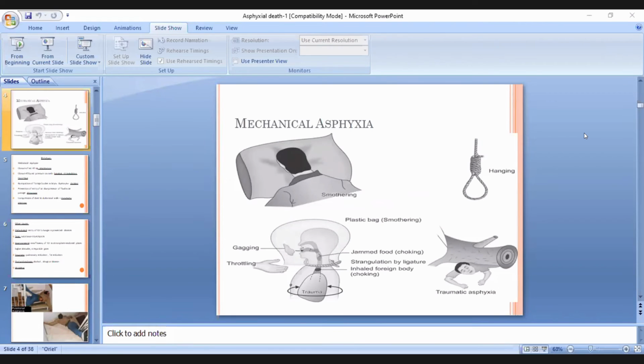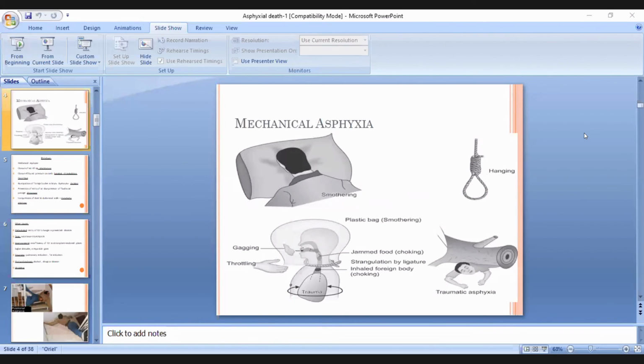Please go through that. And you have to describe the ligature material and mark as well. What type of mark it was, furrow or grooves or V-shaped, and it depends upon the knot, presence of knot. If there is a running noose, then it can be horizontal. Otherwise, V-shaped knot, V-shaped ligature mark can be there. This is V-shaped mark. So wherever the knot is, you can see the oblique.